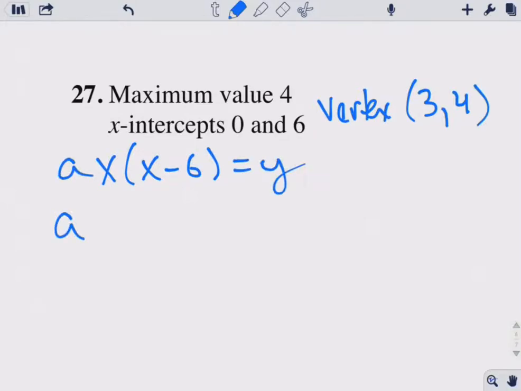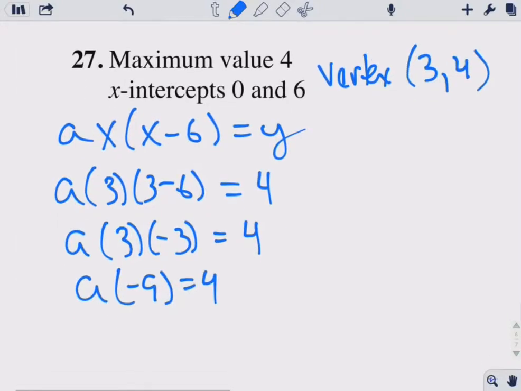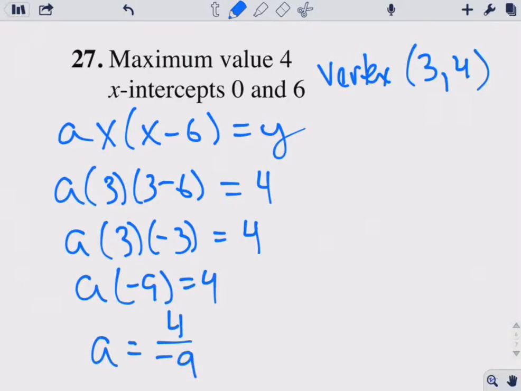Plug in the x and the y I know. X is 3, y is 4. That's a times 3 times negative 3 is equal to 4. So we get a times negative 9 is equal to 4, so a is equal to 4 over negative 9.